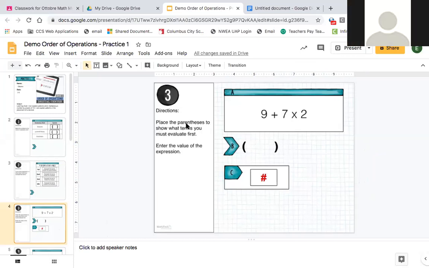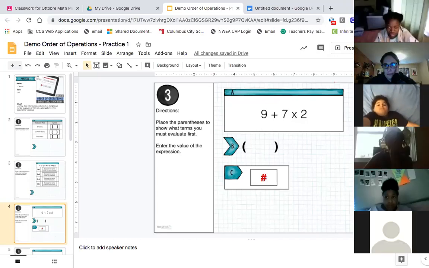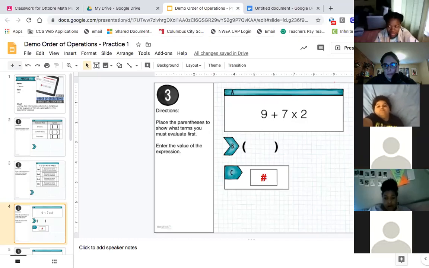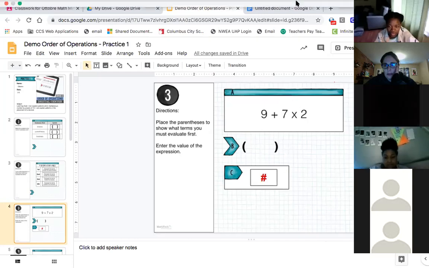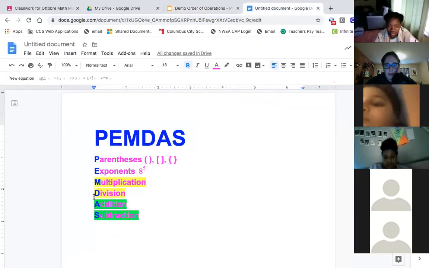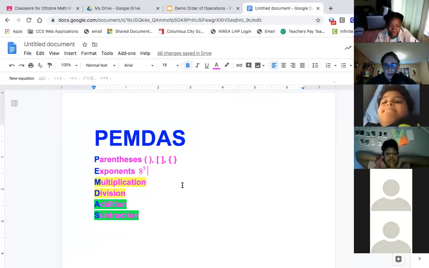Place the parentheses to show what terms you must evaluate first. So am I going to do the plus or the times? Am I going to add first or multiply first? Let's go back to our PEMDAS. Do I add first or multiply first? Multiply.